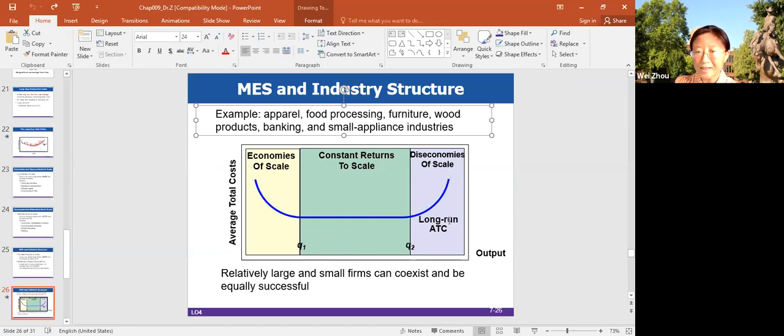That is called diseconomies of scale. So after we pass this quantity of output, I find out my average total cost goes up. Why is that?